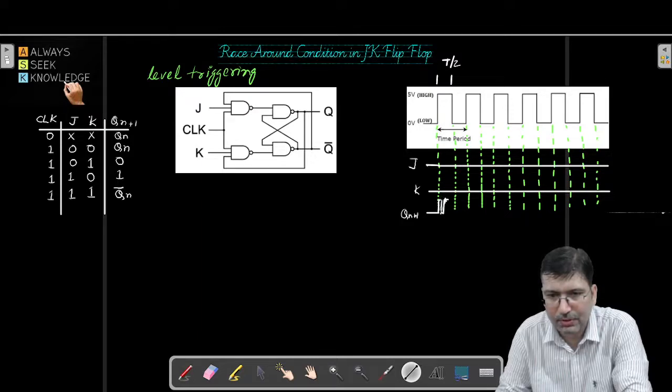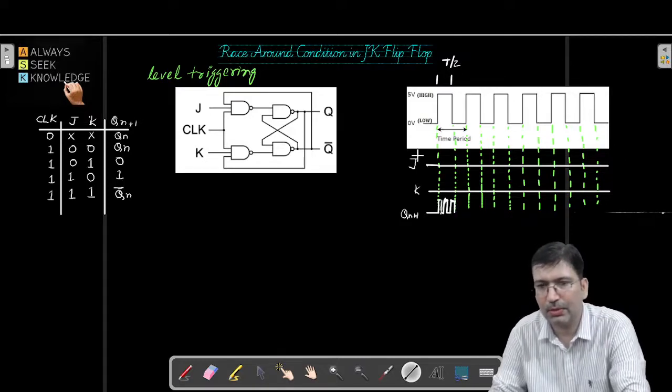Then again the same situation. So again from 1 to 0 it will toggle, then again from 0 to 1 it will toggle, and the same situation will occur in this duration T by 2.